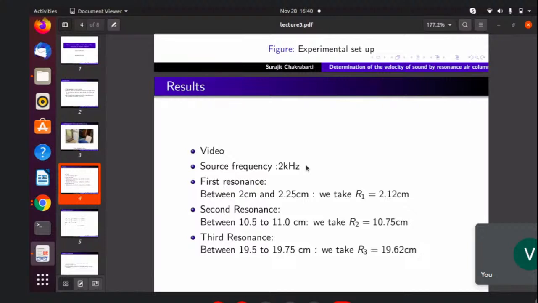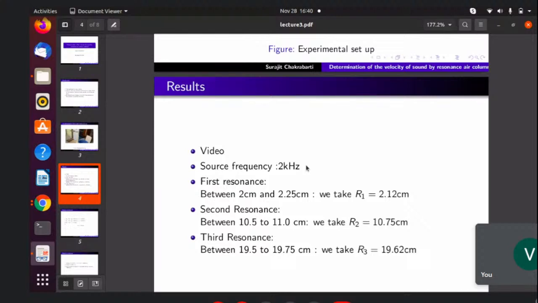That has to be accommodated within this 1 foot of the cylinder. So obviously the wavelength has to be rather small. So I have to have a large frequency of about 2 kilohertz.